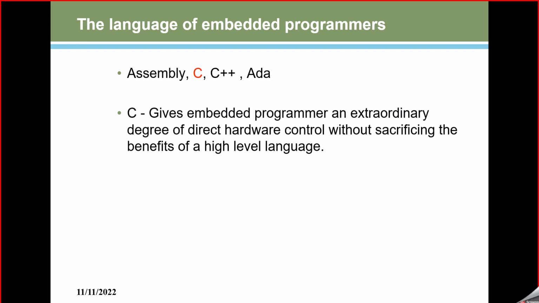The first point is about the embedded programming part. In earlier days, a lot of people were using assembly programming language, which is machine level programming, to write programs for embedded applications.